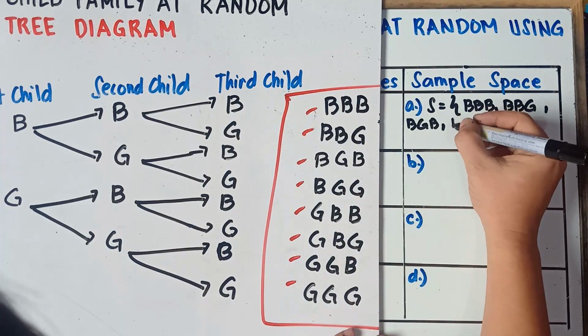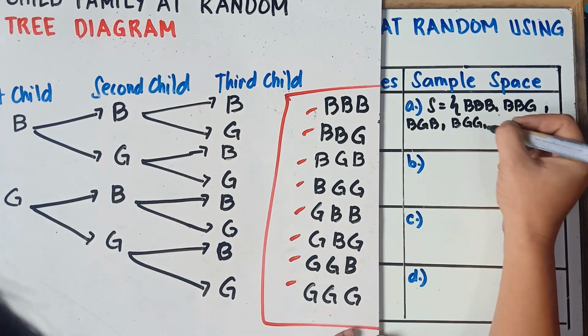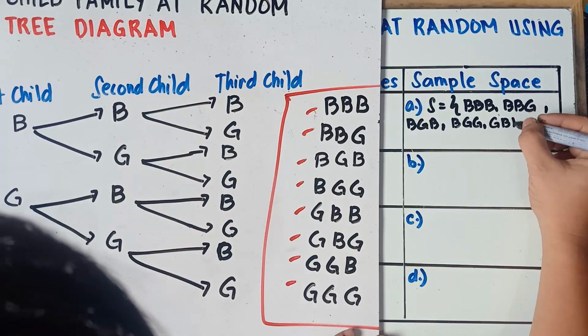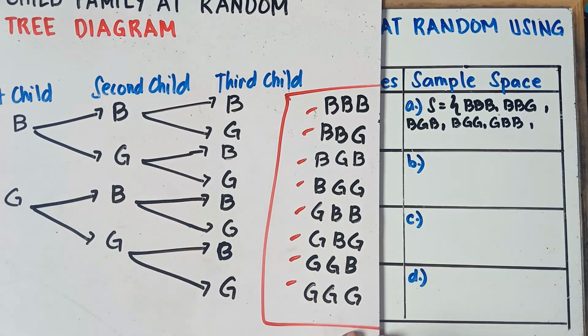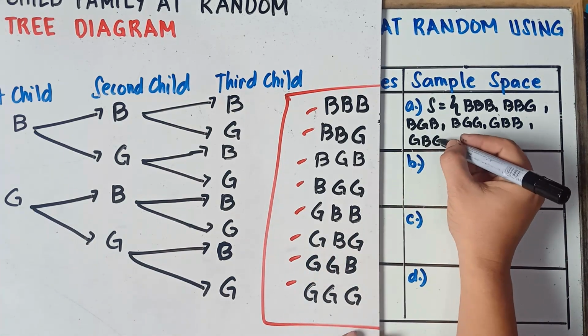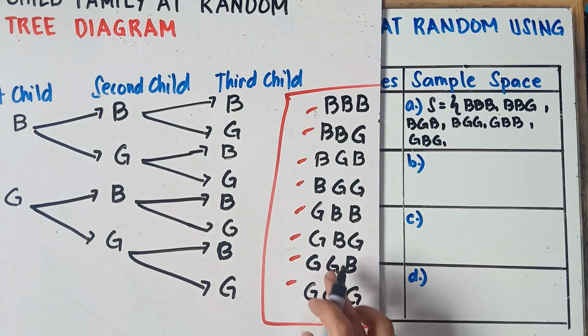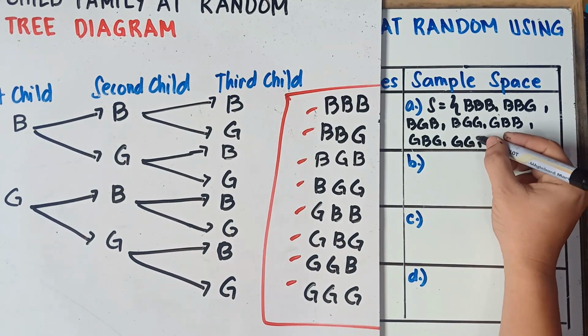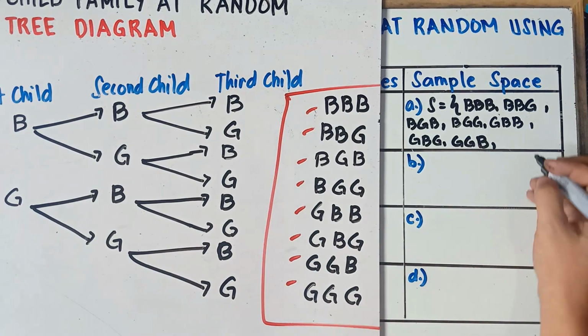And then we have boy, and then 2 girls. And then this one, we have girl, boy, and then boy. So the other one, we have girl, boy, and then girl. And then this one, we have 2 girls, and then 1 boy. And then last one, we have all girls.